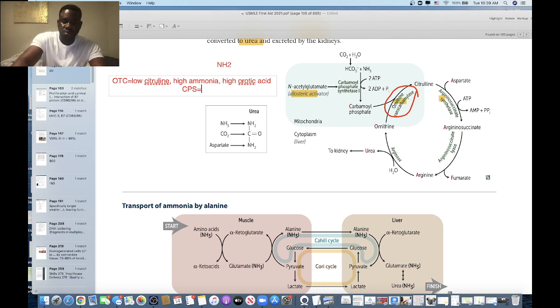In this also, if you look here, what is happening? If you have this deficiency, we'll have increased ammonia. Is that correct? Yeah, we'll have increased ammonia. We'll have low carbamyl phosphate. Is that correct? If we have low carbamyl phosphate, that means we'll have low orotic acid. Is that correct? So first of all, let's say high ammonia. So these things are simple. You just have to understand the pathway. High ammonia.